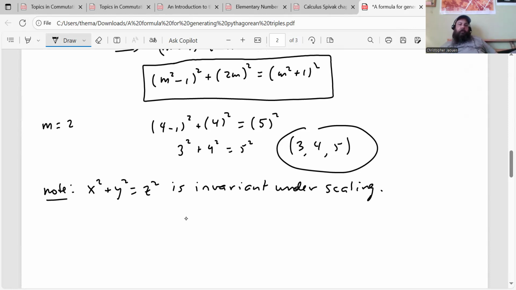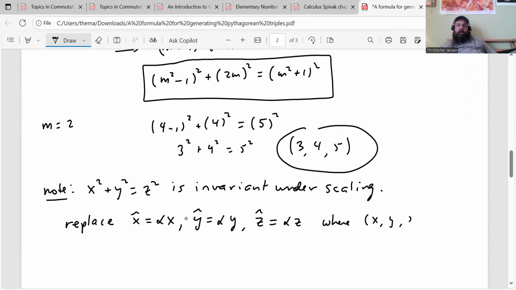So for example, replace x with alpha x, y with alpha y, z with alpha z. Maybe I'll call this x hat, y hat, z hat, where x, y, z is a Pythagorean triple and alpha is a natural number.